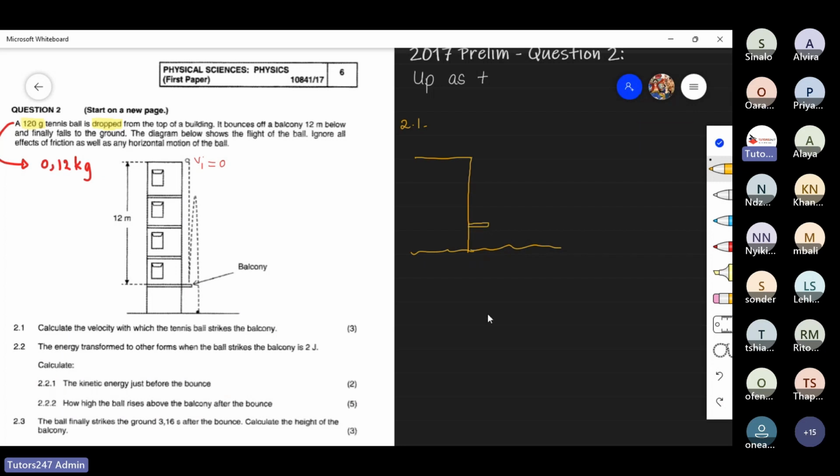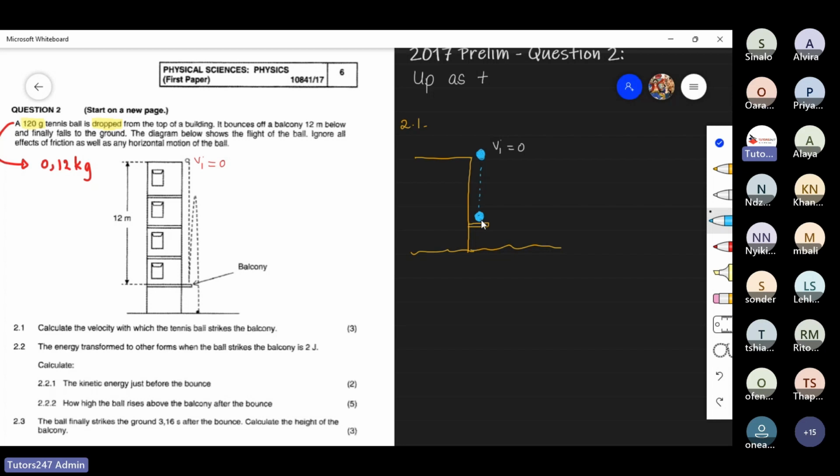So this is our balcony. Now we've got this object that was dropped. When this object is dropped, it has an initial velocity of 0. So we can make a note of that. There is an initial velocity of 0. This object then goes down, down, down and hits our balcony. So I'm going to stop my sketch there.